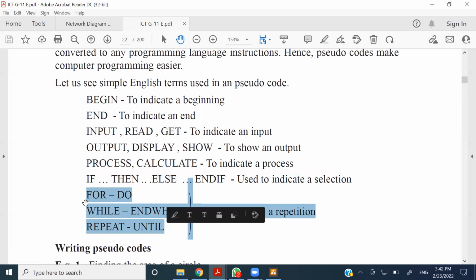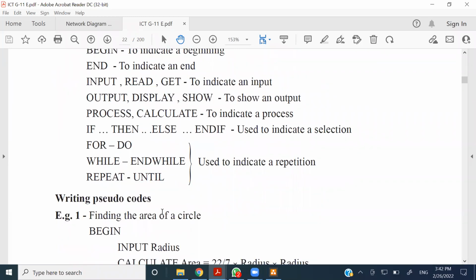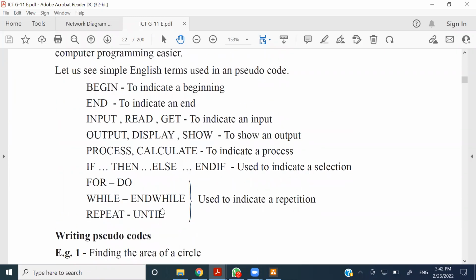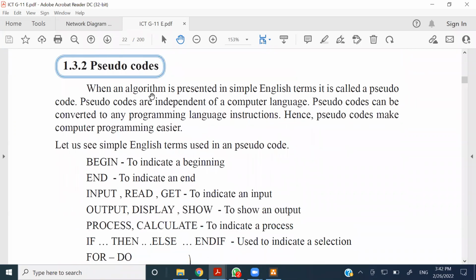So these three things will handle the iteration in three different ways, right? Okay, so before we move to the pseudocodes, let's write about this particular note regarding the pseudocodes.